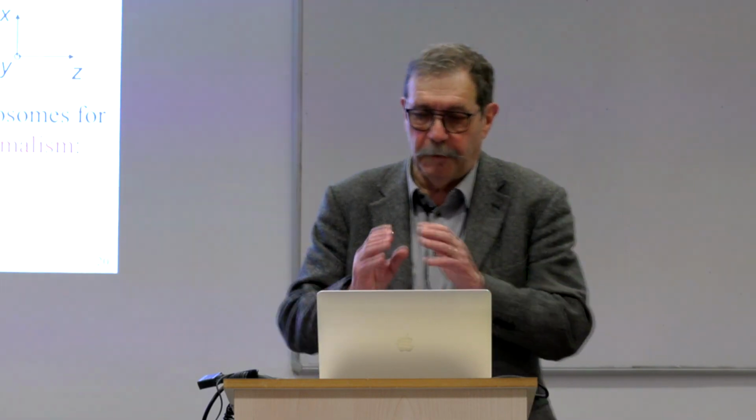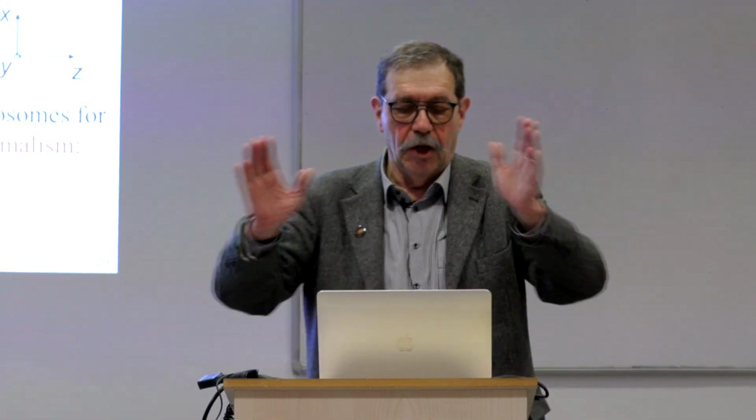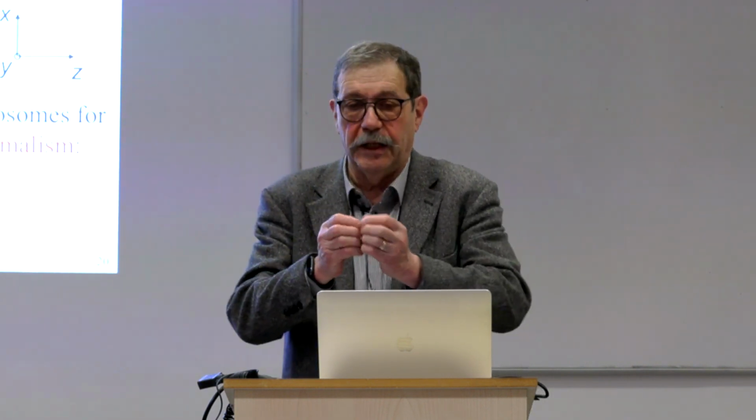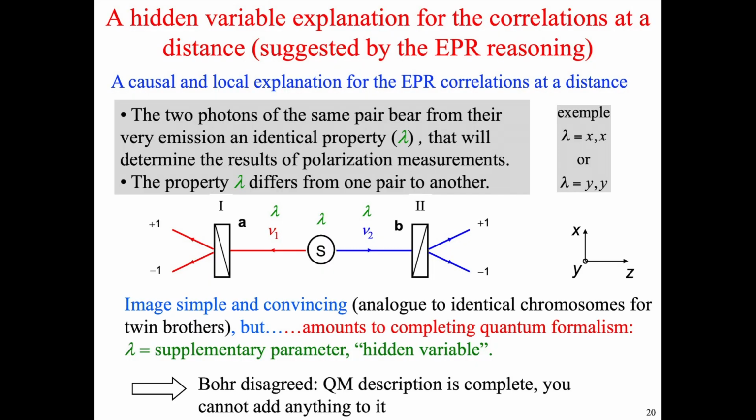In order to explain this correlation at a distance, you just admit that the two photons share a joint property from the start, okay? And this joint property that he calls lambda will determine the result of the measurements.